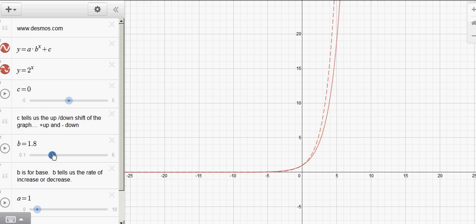When b is equal to 2, this basic equation, 2 to the power of x, means that it's doubling every single time. Starting at x equal to 0, we've got a start value of 1, an initial value of 1. In the next step, going over 1 on the x-axis, it's now equal to 2. Well, 1 times 2 is 2. And if we continue that trend of doubling, that's what exponential is: times-ing by the same amount every time.